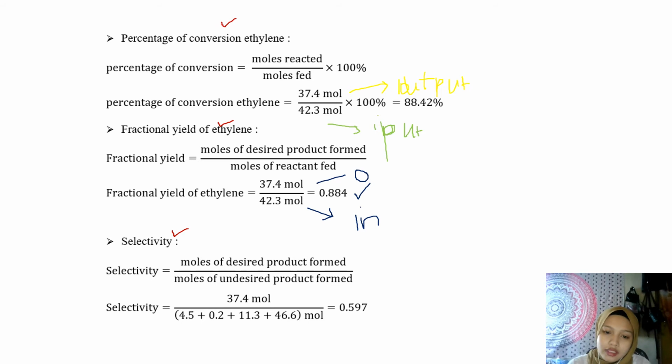The number of mole of the ethylene is divided by the number of mole of the undesired products that I mentioned before, and we get 0.597 as the final answer.